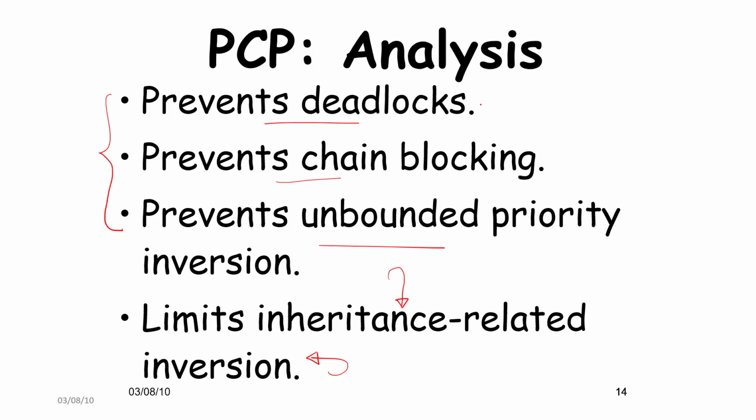Basically, in deadlock, we'll see that a cyclic wait is not possible. Here, we'll see that a task gets blocked only once, and here again, we will see that a task suffers priority inversion only once. So that is enough to basically prove all of these.